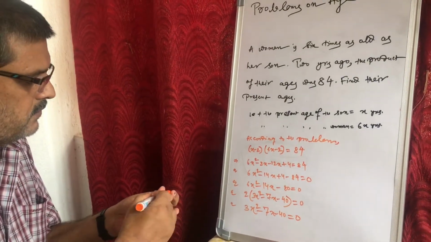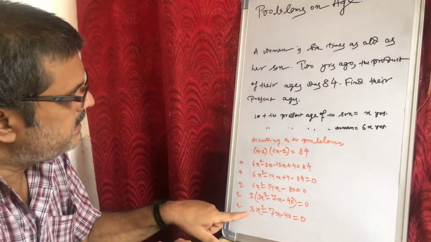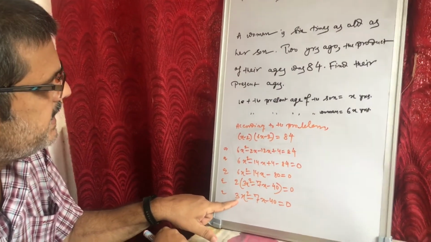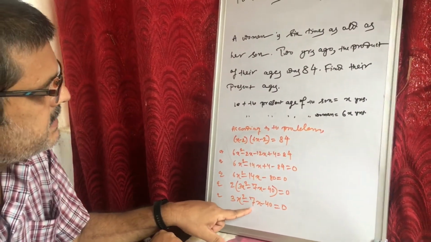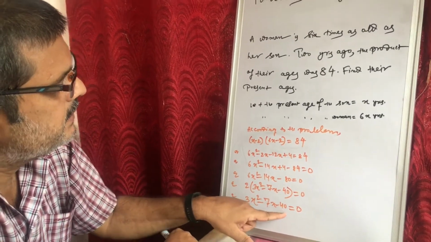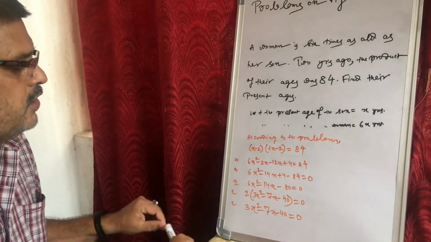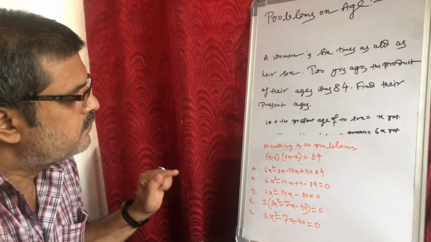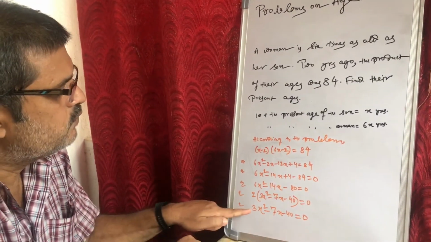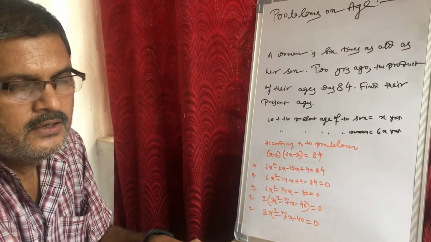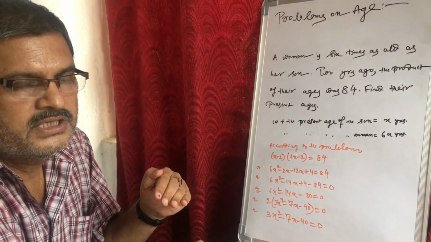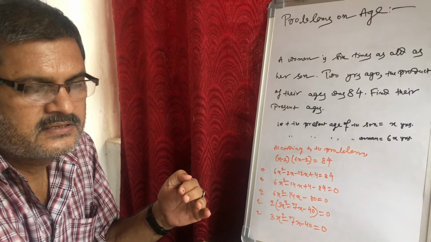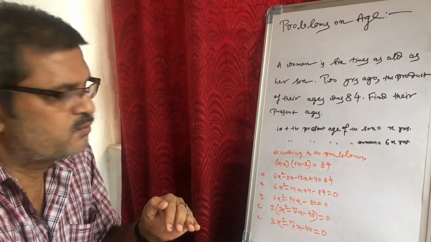Now the final quadratic equation is 3x square minus 7x minus 40 is equal to 0. Then I have to find out the two factors of 3 into 40, that is 120, whose addition or subtraction will be equal to 7.